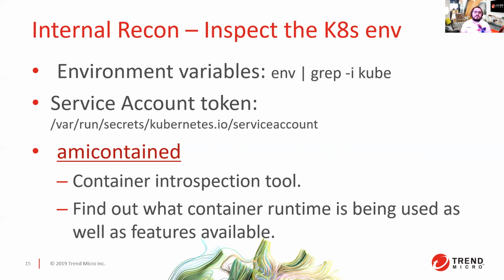Another tool is the AmIContained tool, which is called a container introspection tool. You can find out what container runtime is being used, as well as features available there. So that's also going to show if you're running inside a Kubernetes cluster or in a Docker environment, right? Other things that you can do: usually the hostname of the pod or the container is specific, or has some suffixes at the end that might give away that it's running in a containerized environment, right?